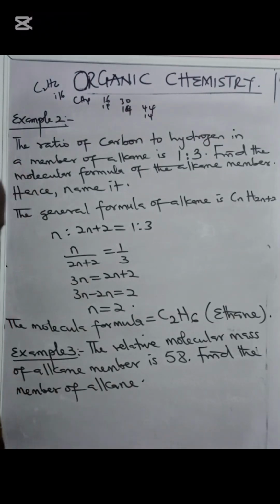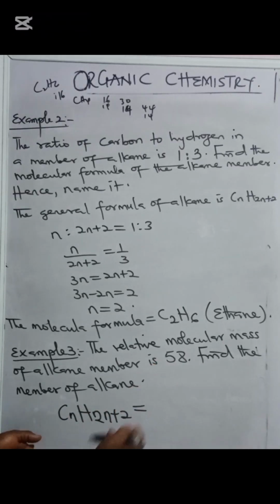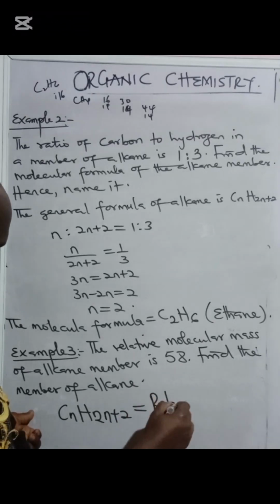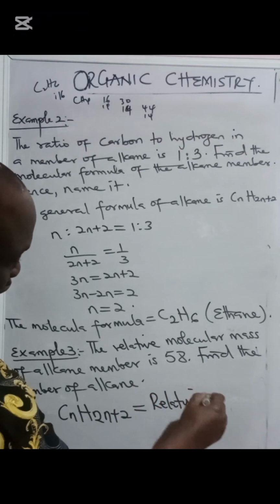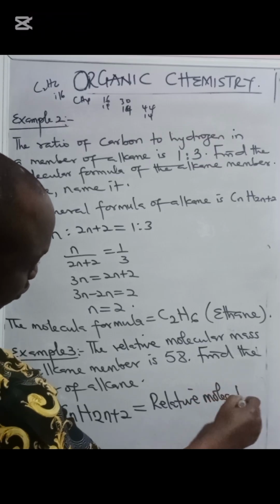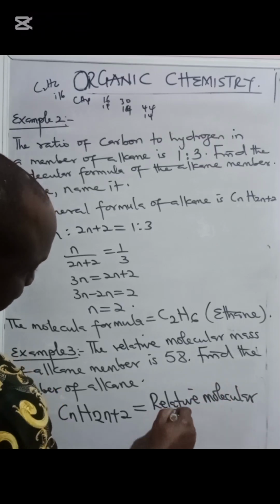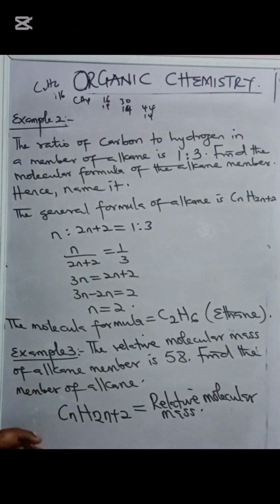So we start by saying CnH2n+2 is equal to the molecular formula, which is the same thing as the relative molecular mass of that member. So this is 12n, since carbon has mass number 12, and hydrogen is 1 times 2n plus 2.